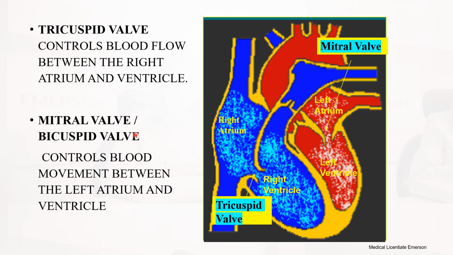Then we have the mitral valve, which is also known as the bicuspid valve. So you have the tricuspid valve here, then you have the mitral valve here. The mitral valve controls blood movement between the left atrium and the ventricle.